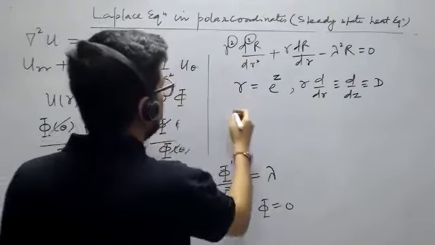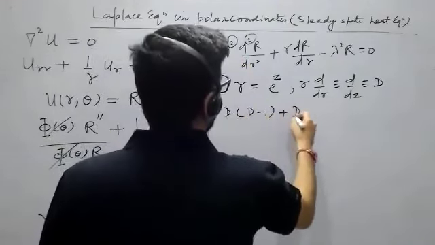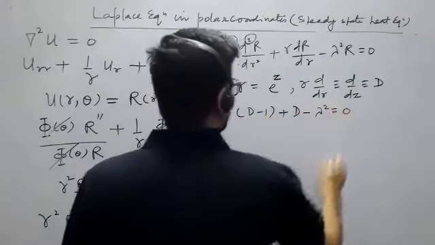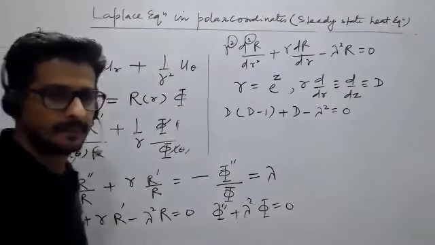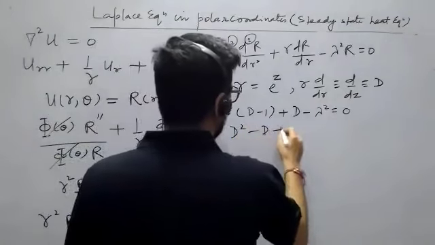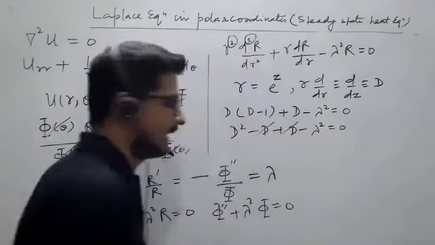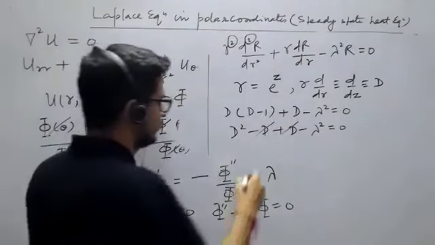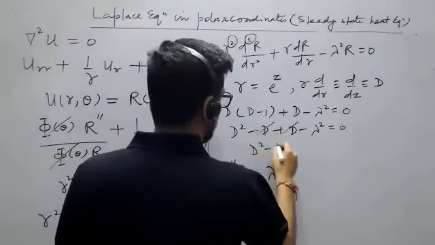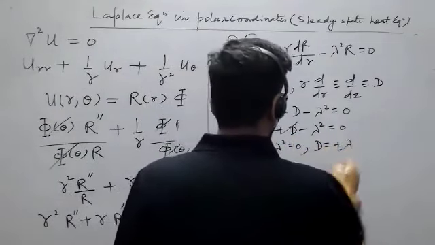So what will it become? It will become D(D minus 1) plus D minus lambda square is equal to 0. And this will become D square minus D plus D minus lambda square is equal to 0. So this will cancel, and this will become D square minus lambda square is equal to 0. So D is plus minus lambda.